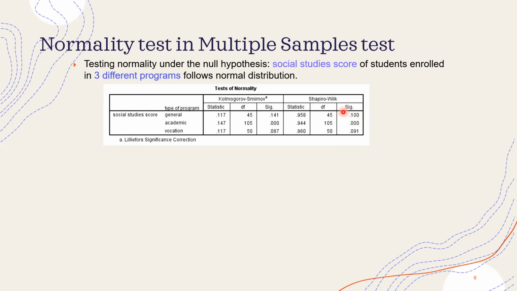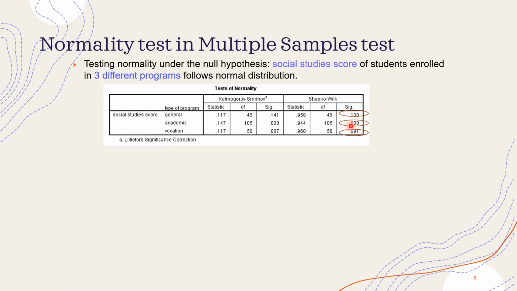So our null hypothesis is that the social studies score in the three different programs follows normal distribution. Our alternative hypothesis is that the social studies score does not follow normal distribution in each program. If we see the p-value, the first p-value is 0.10, which is more than 0.05, which implies that the social studies score in the general program follows normal distribution.